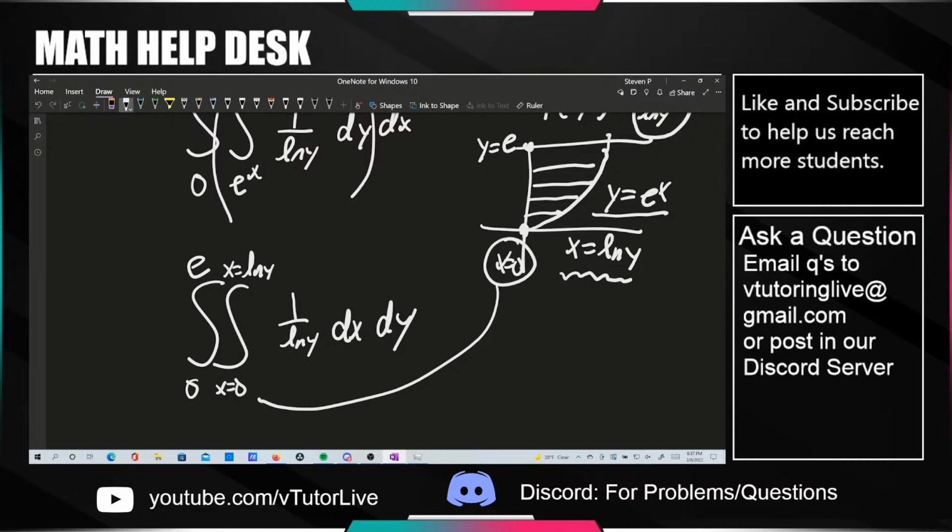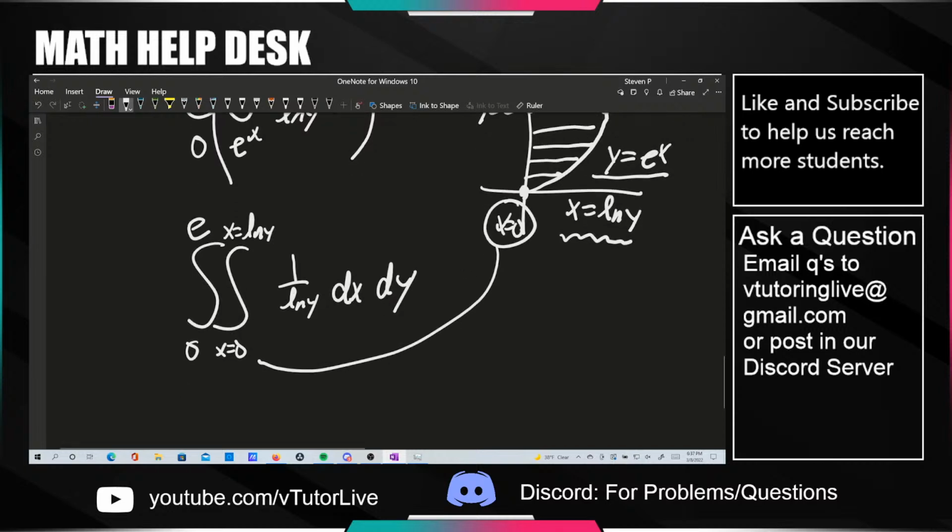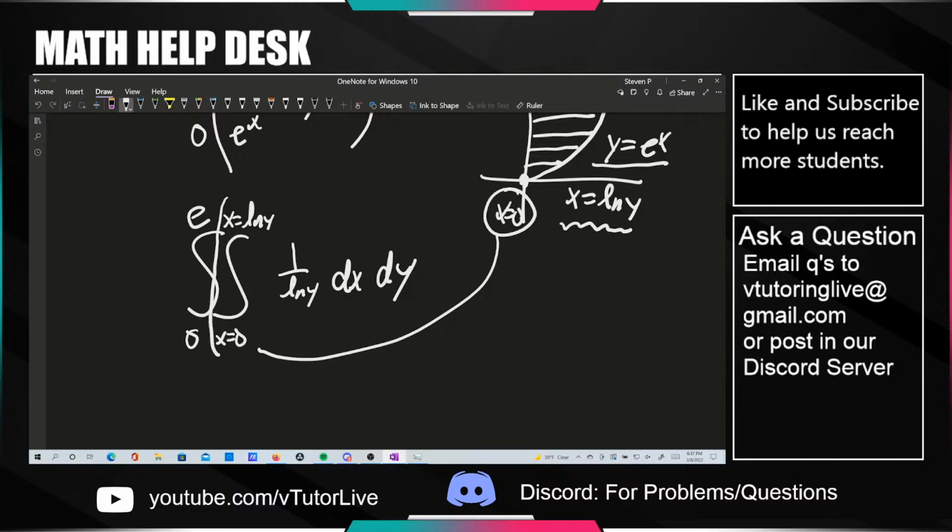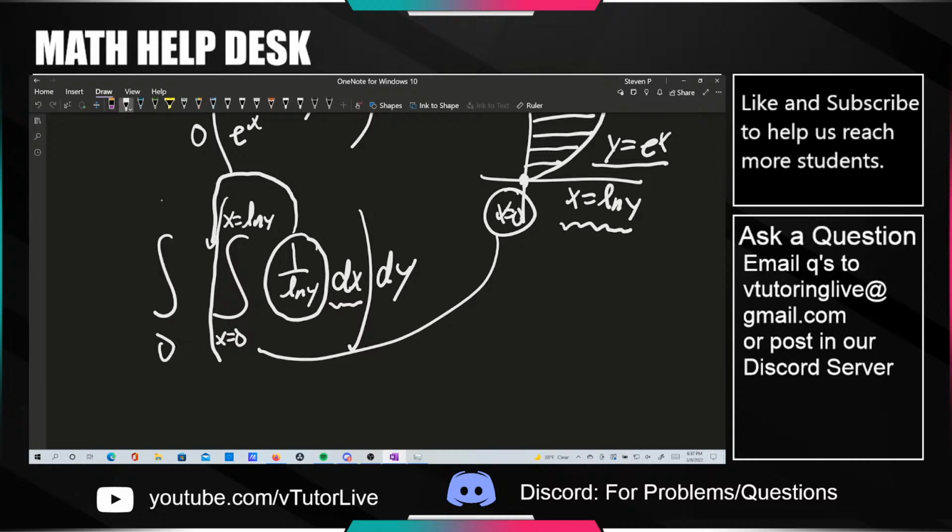And it works out really nicely because, well, let's think about doing the inner integral first and then the outer. Well, the integral of 1 over ln of y dx, you notice that 1 over ln of y does not actually depend on dx. So in fact, you can just lift it out of the first integral, with y from 0 to e.